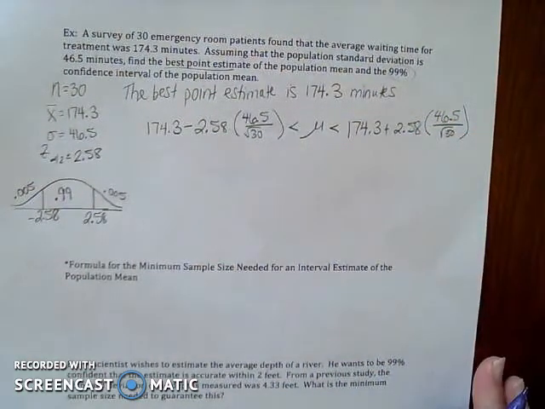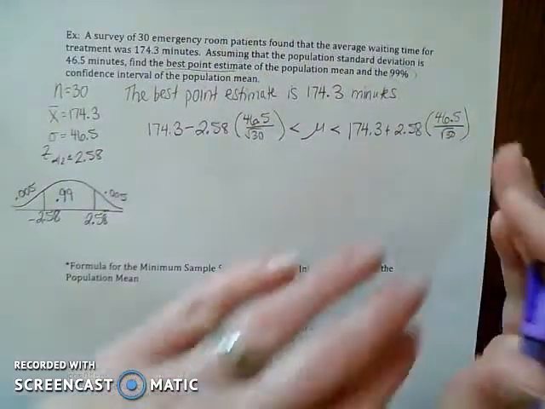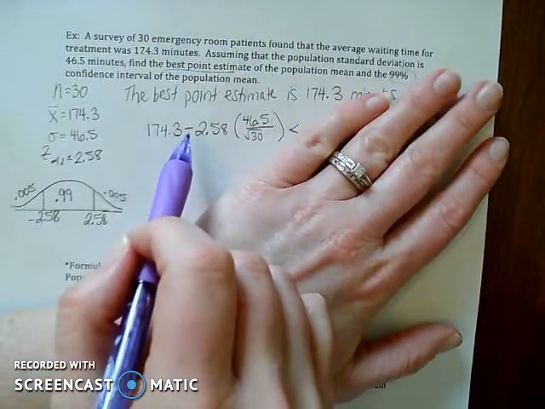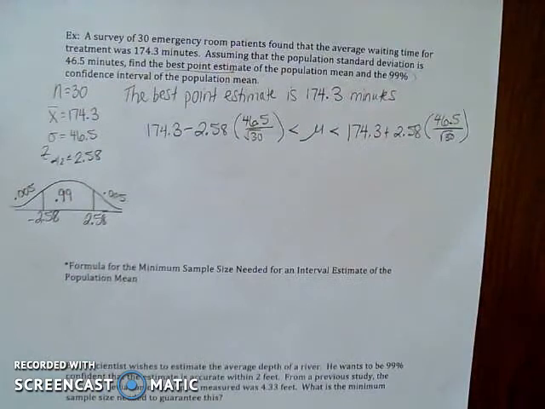Most people, instead of writing it all out, just put the plus or minus sign right here. But you have to remember to write your answer as an interval, as an inequality. So it's kind of up to you. If you feel comfortable not writing it all out, then that's totally fine. But remember, your answer is always two parts, inequality and then written out.